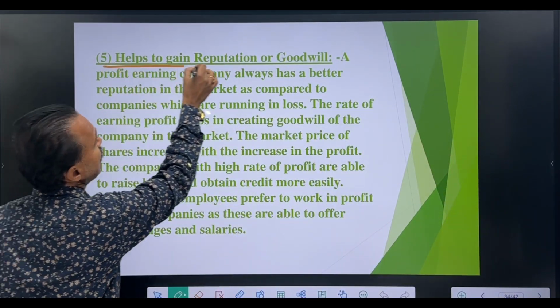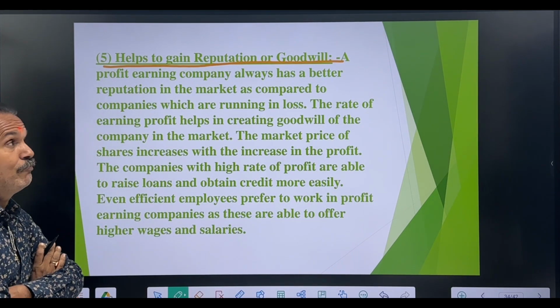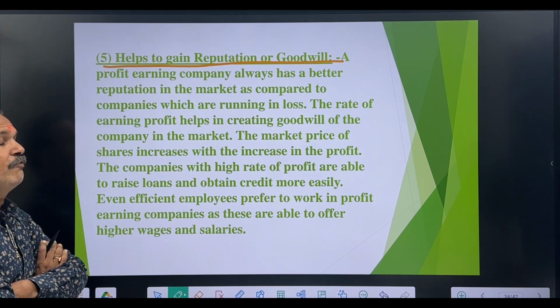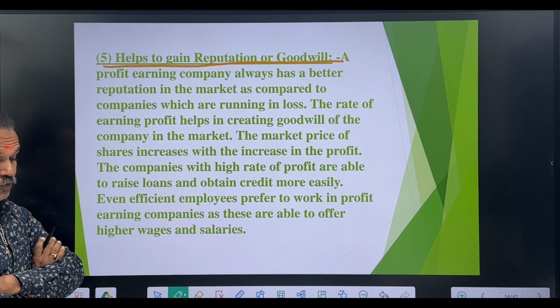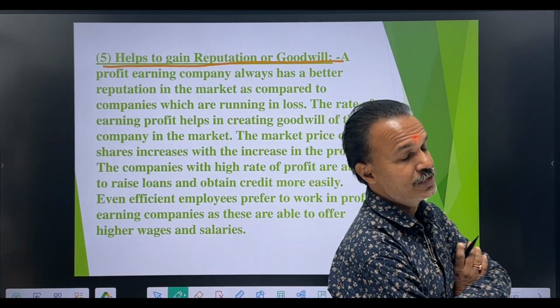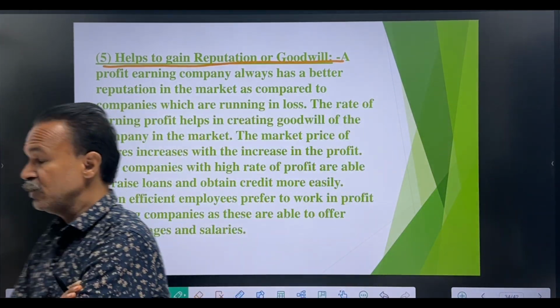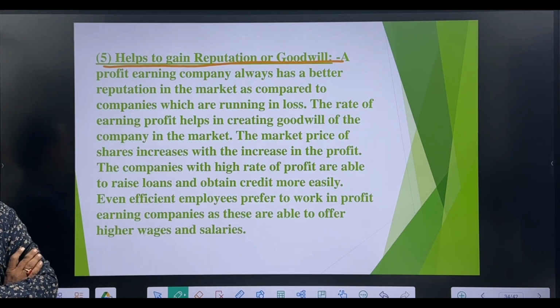Helps to get reputation or goodwill. A profit-earning company always has a better reputation in the market as compared to companies which are running at a loss. Nobody is ready to give a loan to a beggar. A loan is given to a person who has some goodwill. The person who does not have any goodwill does not obtain any loan.